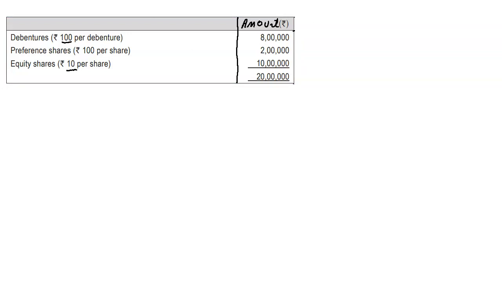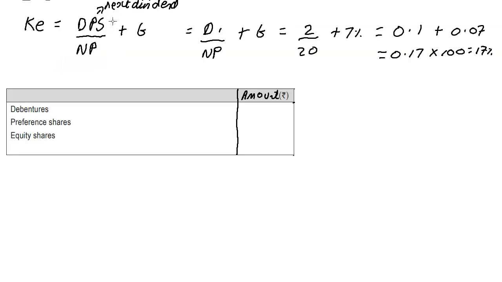Will the amounts be the same? No, the amounts are not going to be the same. So I'm going to take out the amounts and then we shall do the math. Obviously we do not bother with face values this time around. Even if it is there in the question, you do not need to write it as part of your answer for market value weights.